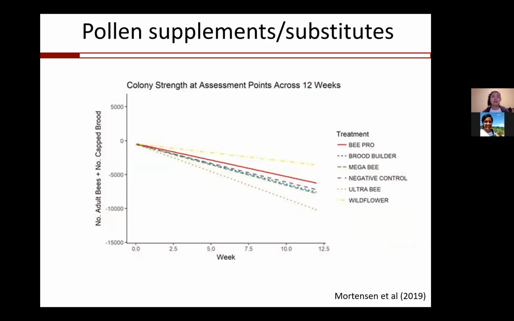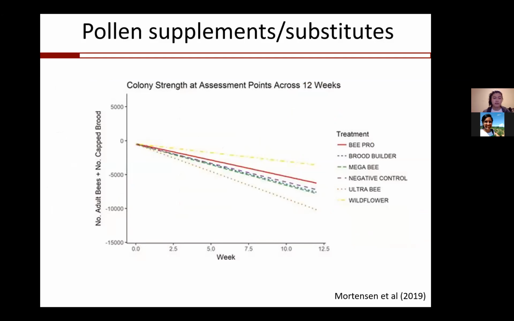This was a study that came out last year from the University of Florida, and they compared different pollen substitutes that we currently have on the market to how bees performed over time. You have time on the x-axis and the bee performance of a colony on the y-axis. This purple line is a negative control.